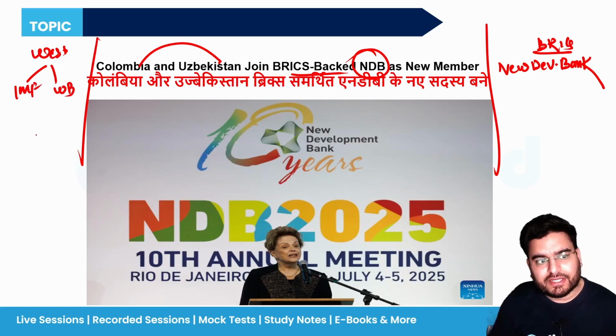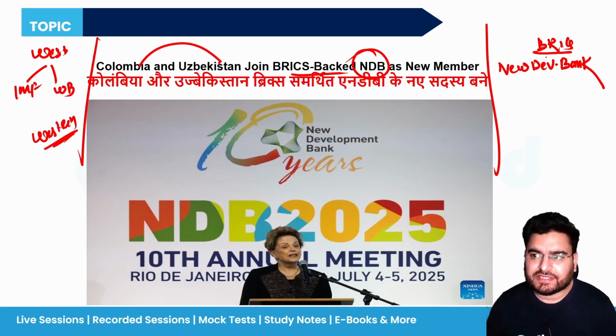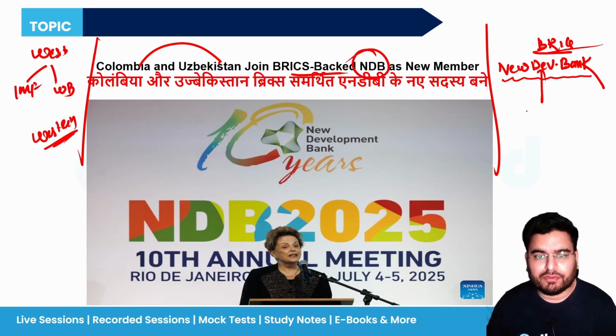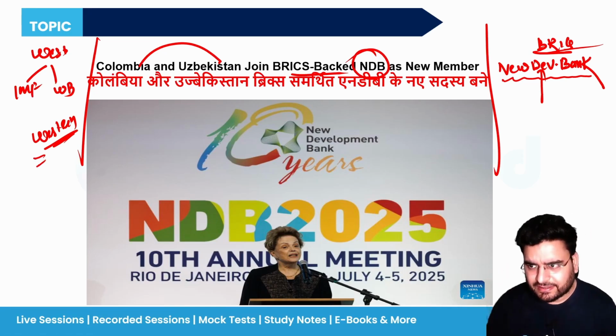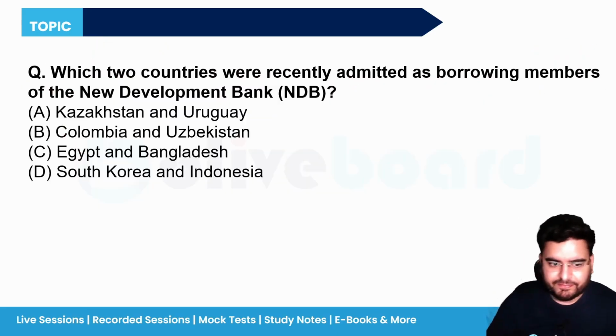So, to counter the Western domination over the entire banking system, Brazil, Russia, India and China have started BRICS, and they have a bank of their own, the New Development Bank, which is going to give loans and monetary support to the countries, just like the IMF and World Bank are giving, right? So basically, BRICS is there to counter the Western influence. That is the main thing here.